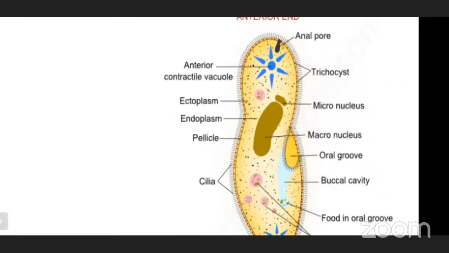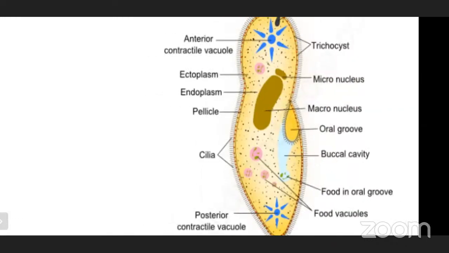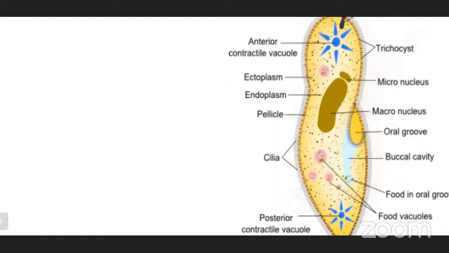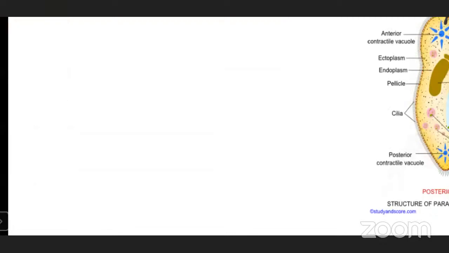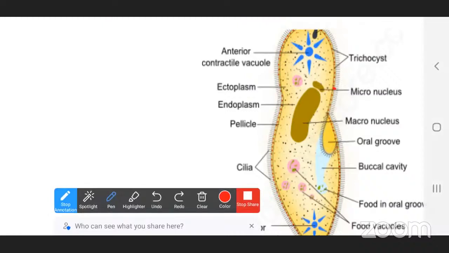So two types of nucleus are there. Micronucleus, micro means small size, and macronucleus. This one is macronucleus. This is trichocyst.